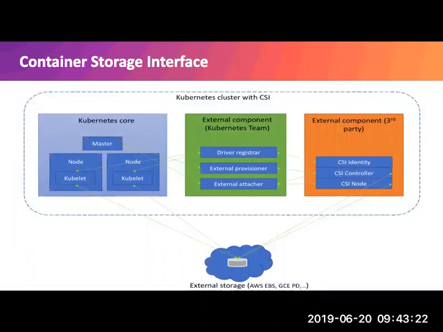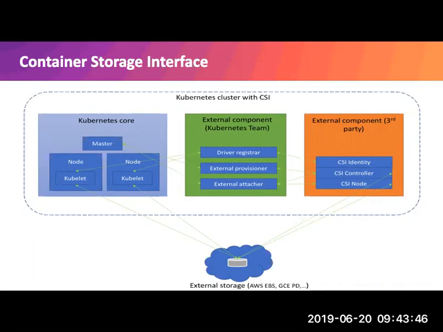I'll explain this figure, and when we see a demo, I will relate it to the components I'm showing you. There are three components we are seeing here. One is the external component, which is what the storage vendor will write. These are the components present in the storage plugin.